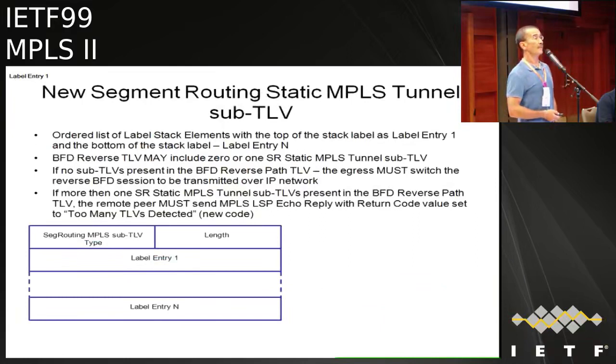LSP ping for Spring networks introduces three new sub-TLVs, and they can be used to specify the reverse path. But here's an interesting idea for the working group to discuss. Unfortunately, the Spring group doesn't meet this week, and I'll bring it to their mailing list as well.